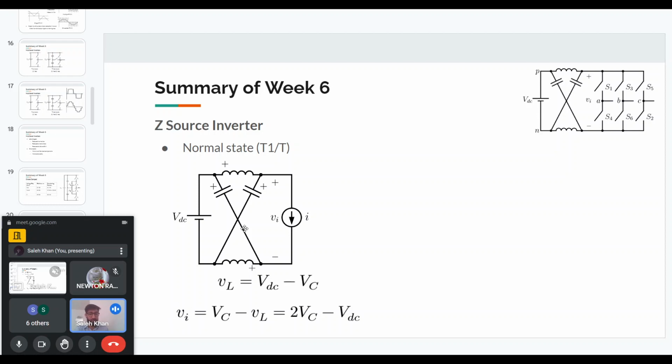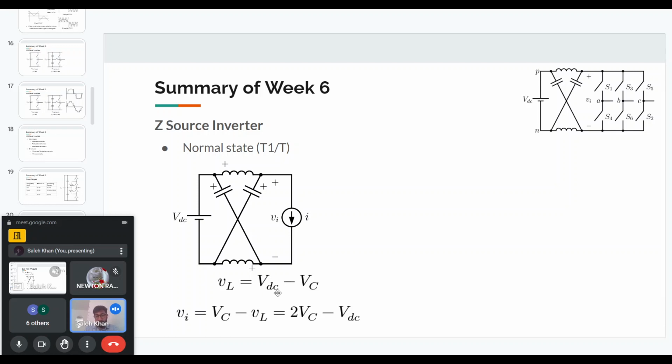And the Vi voltage will be VC minus VL. So if you see this loop, VC minus VL. And I can substitute from the earlier equation VL, I will get 2VC minus VDC. So the normal state is operated for some duration of time, T1, out of the entire switching cycle.